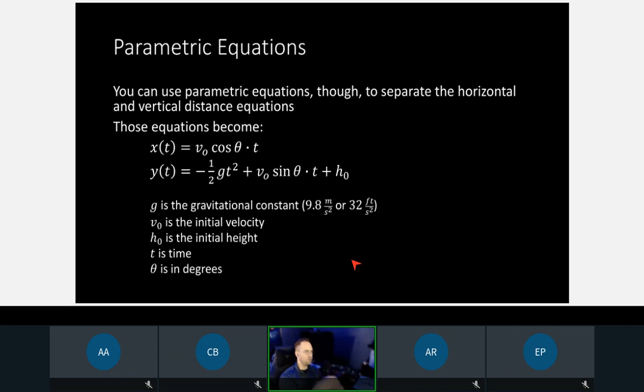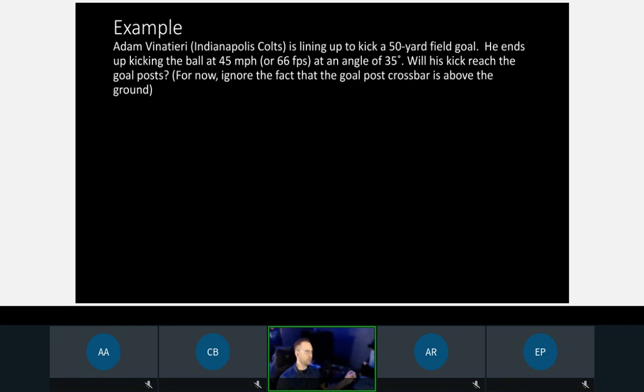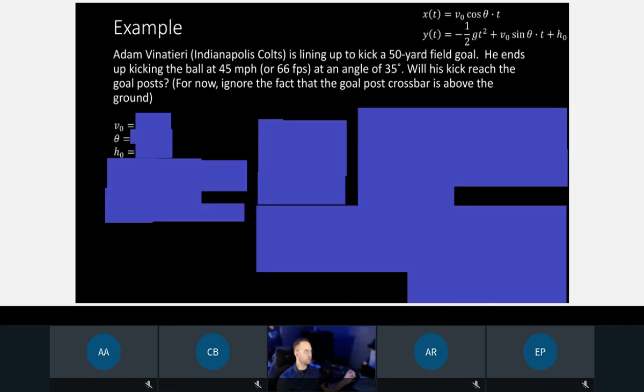If you're using feet and inches, you want them to both be feet or both be inches. Same thing with velocities. If we're using the unit feet here, we don't want to use miles. So should I use 45 miles per hour or 66 feet per second? I kind of gave it away, right? Yeah, 66 feet per second.